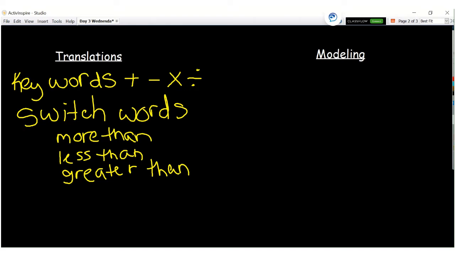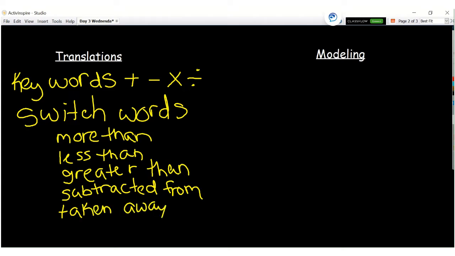Then we had subtracted from. A lot of times your switch words were two words like this, but not always. Taken away from, added to. Like I said, I will show you where to find these in your notes.